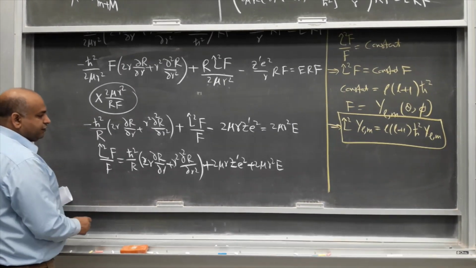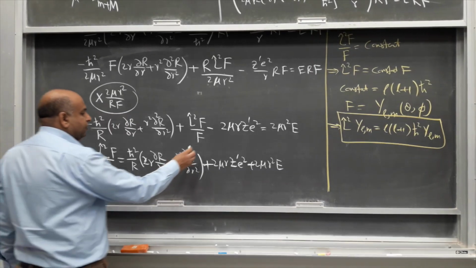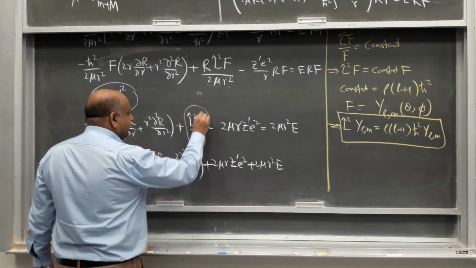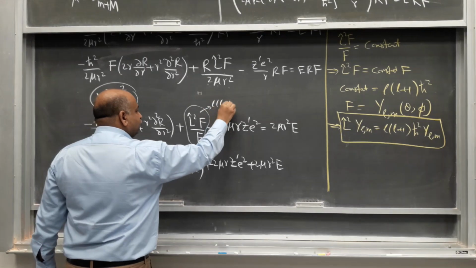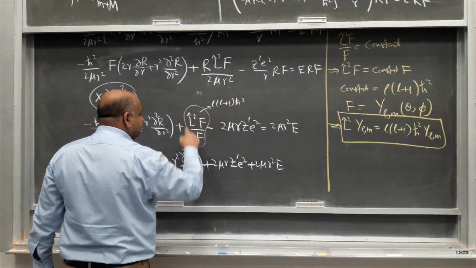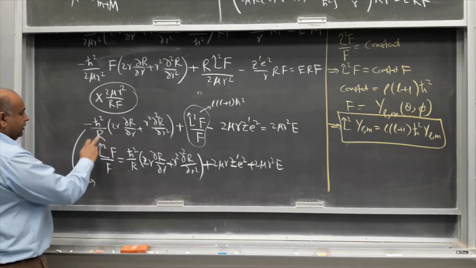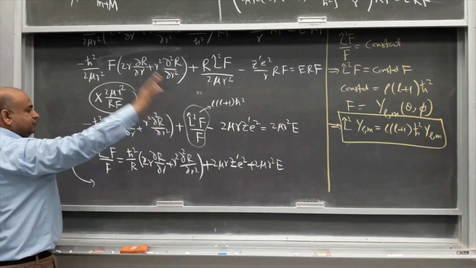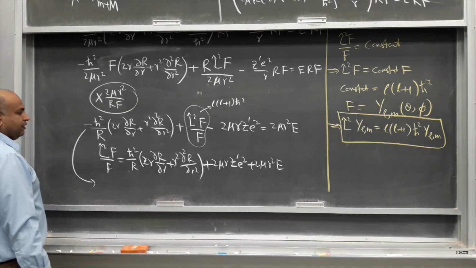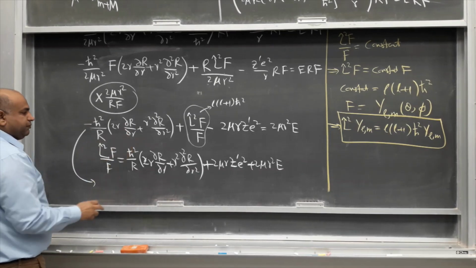and I can actually do it a bit quickly, put L into L plus 1 h bar square right in this place, and this equation now becomes, and I can multiply with this r everywhere because f is now gone.